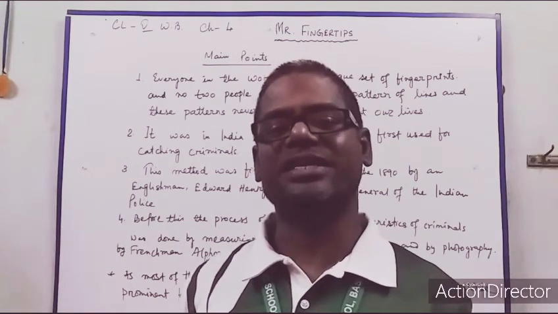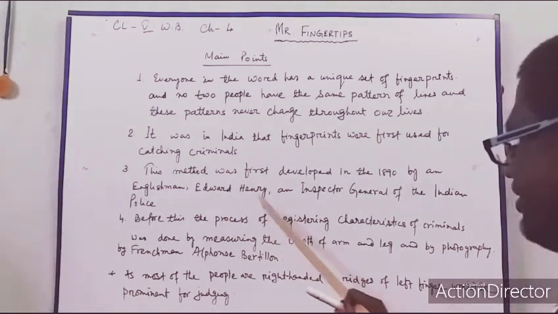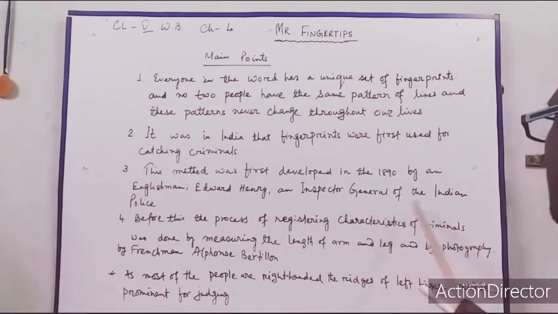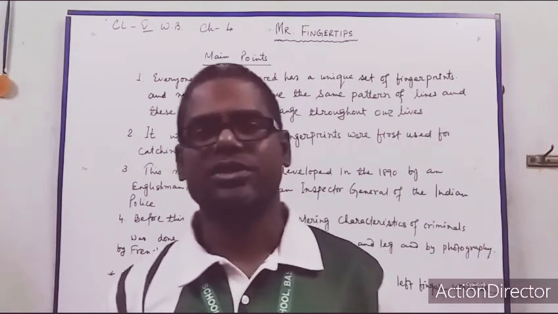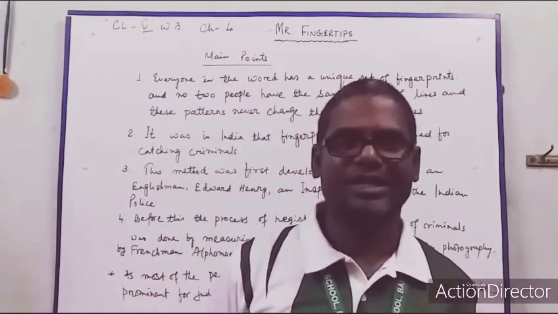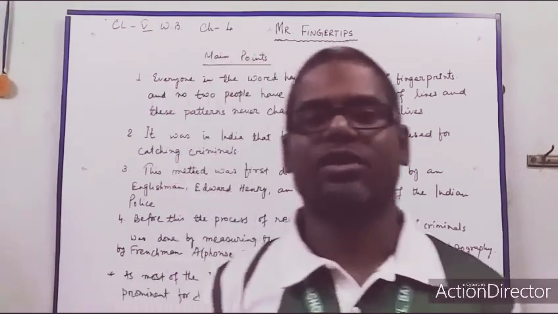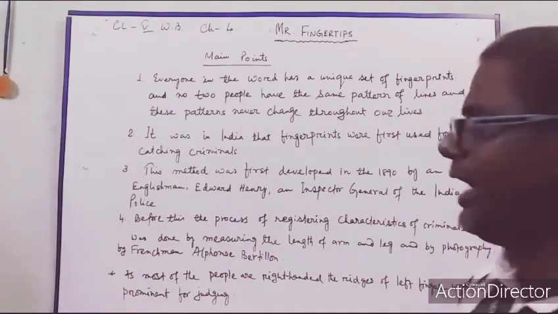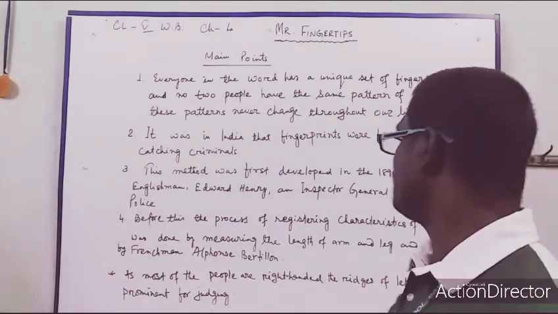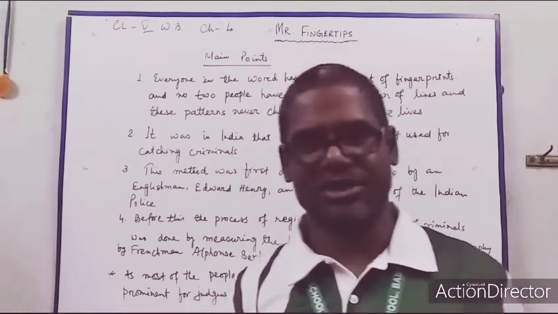An Englishman in 1890. Okay, and he was Edward Henry, an Inspector General of Indian Police. In that period of British rule, the Inspector General of Indian Police was Edward Henry, and he actually first developed this process to catch the criminals.